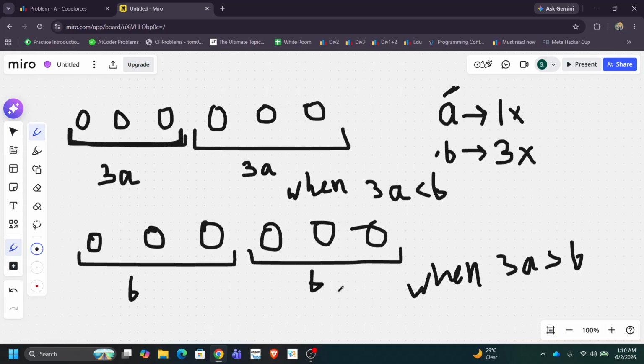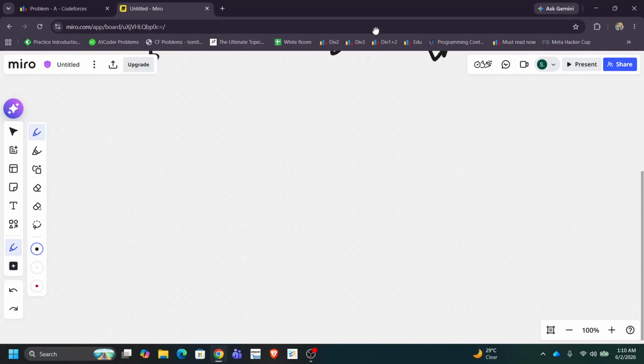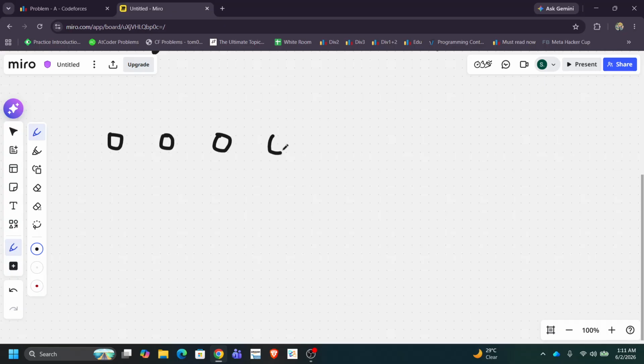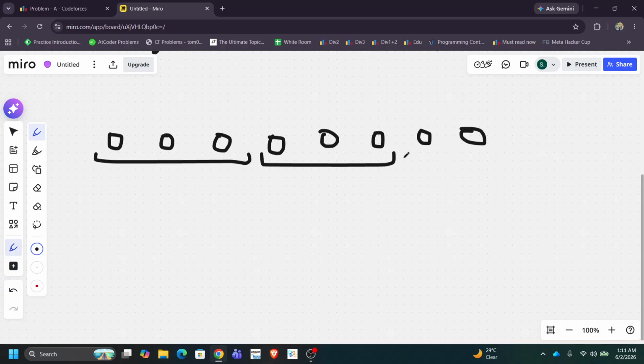Now, what happens when there are some students left, one or two students left? What will happen then? Let's take an example where we have 8 students. For 8 students, we can't group them perfectly by 3.